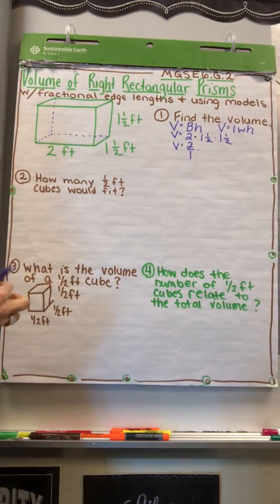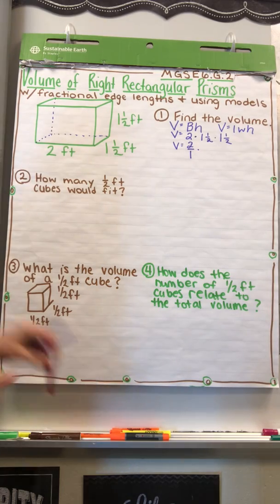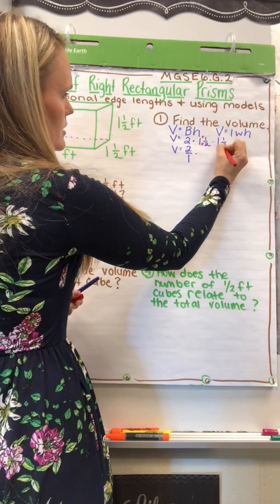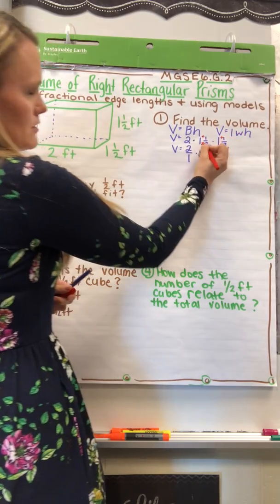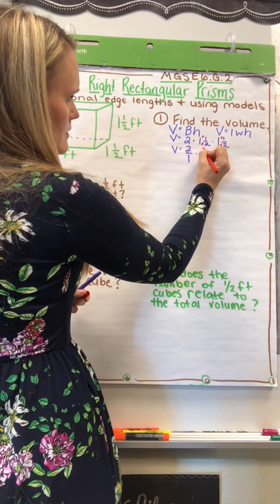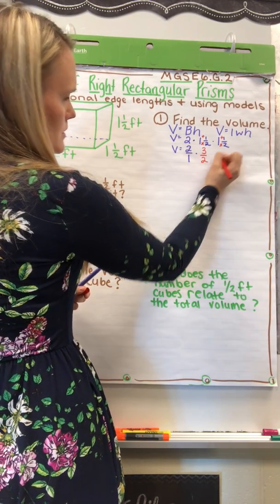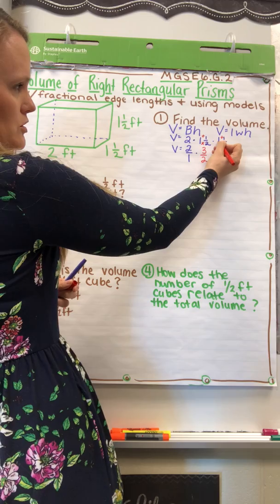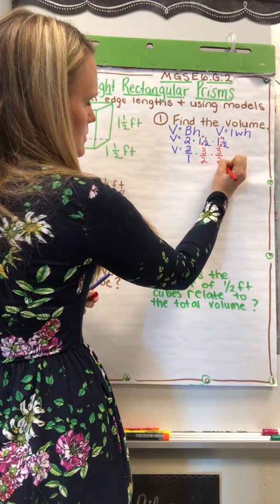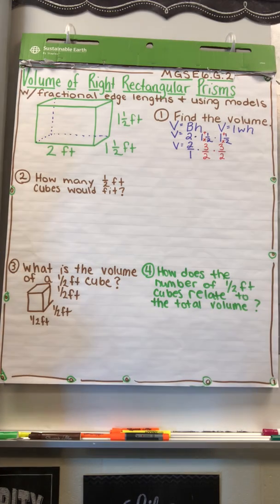Mixed numbers, you can multiply the denominator by the whole number, then add the numerator. So 2 times 1 is 2, plus the 1 is 3 over 2. Same thing here, 2 times 1 is 2, plus the 1 is 3 over 2. Your denominator stays the same.